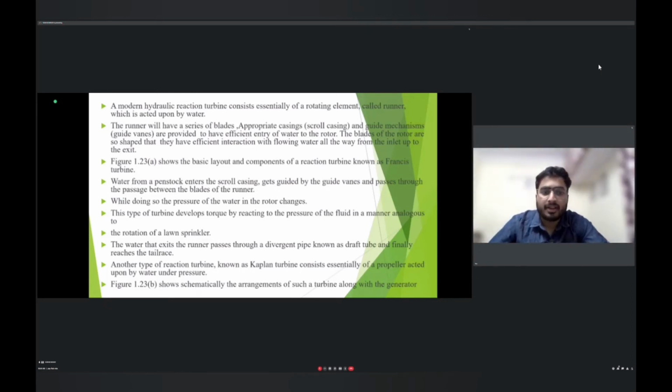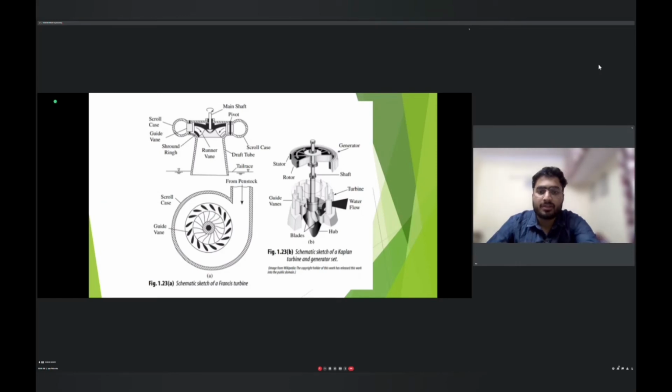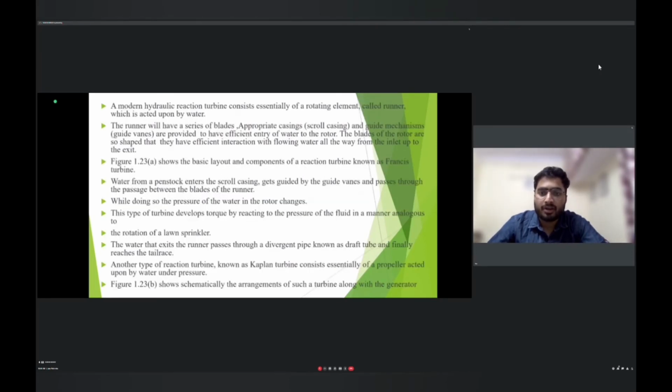As shown in the previous figure, that is 1.23a, you can see on the left side. Now we are talking about this. This shows the basic layout and components of a reaction turbine known as Francis turbine.